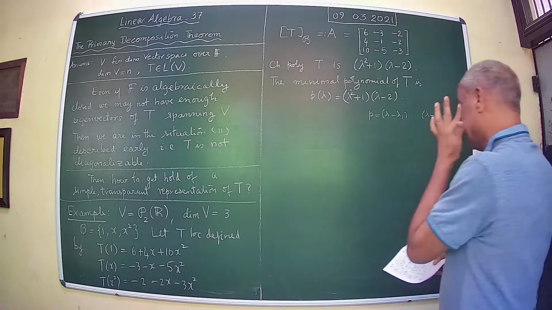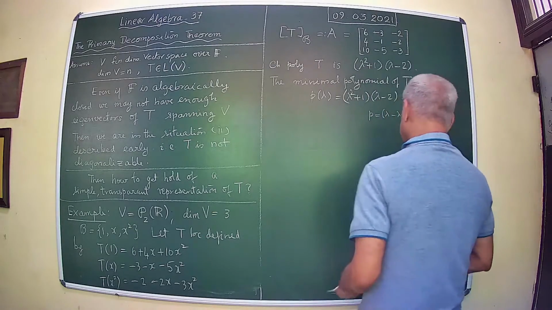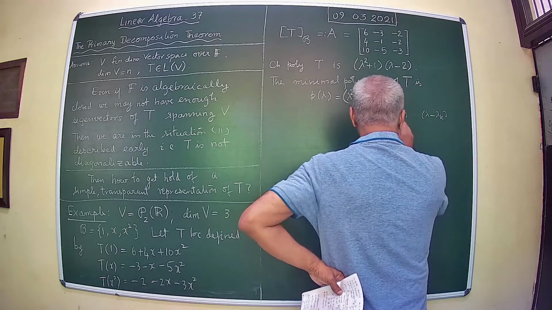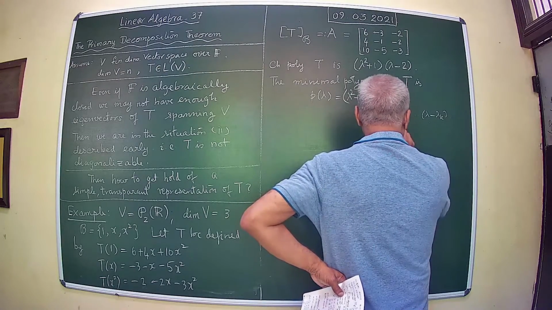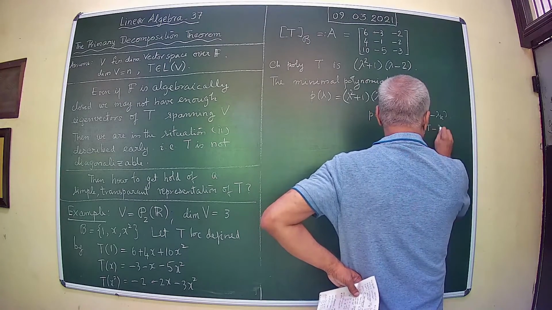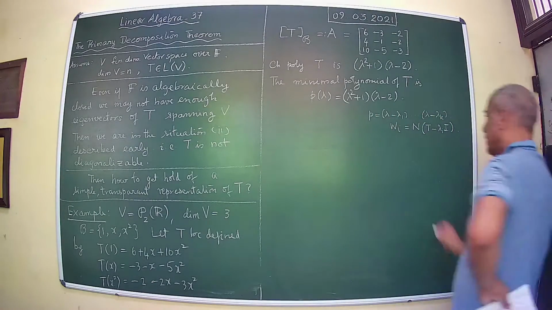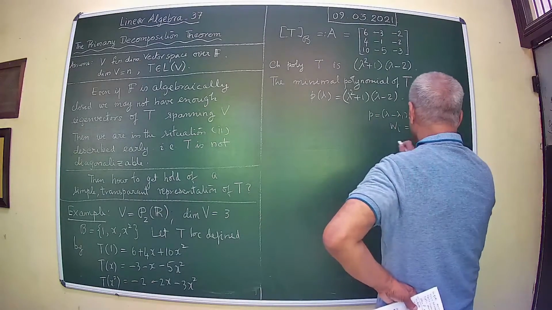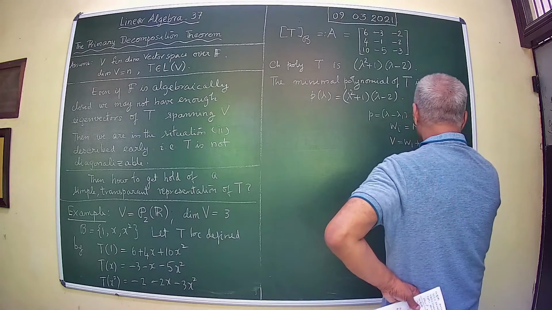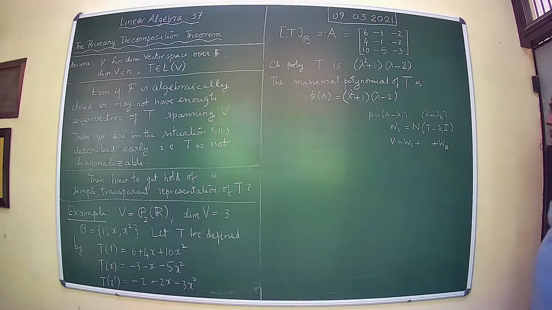We looked at the following subspaces of V, namely, we defined W_i as the null space of T minus lambda_i I. Then we found that in the diagonalizable case V is the direct sum of the W_i.